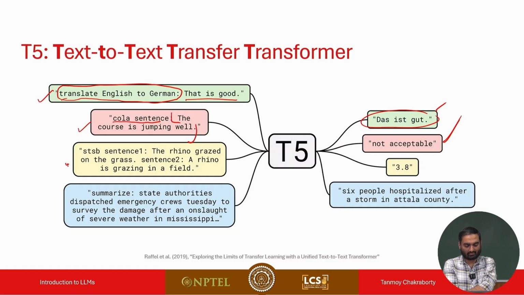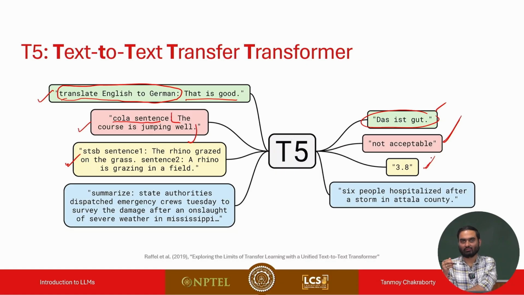The next task is checking whether two sentences are similar or not. STSB task. Sentence 1 is "the rhino grazed on the grass." Sentence 2, "a rhino is grazing in the field." Now whether they are similar or not, and you give a score. It is not yes or no, it is a score. Now think about it.